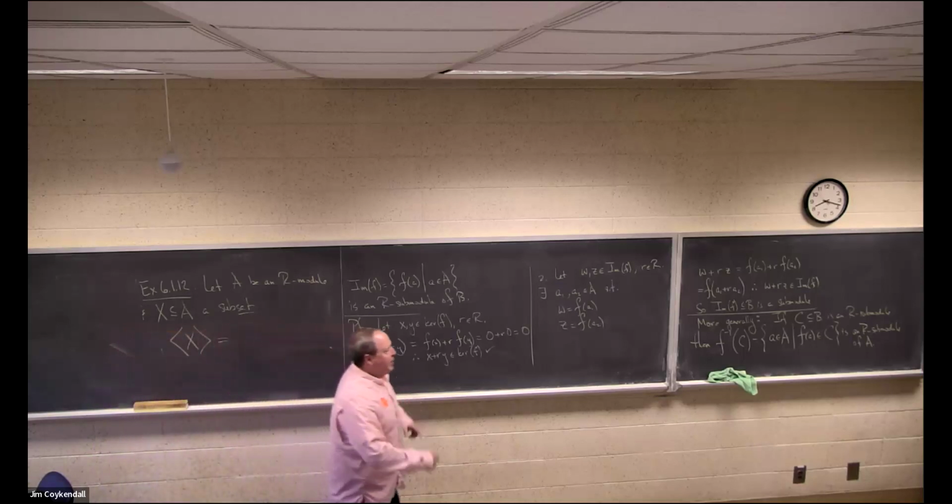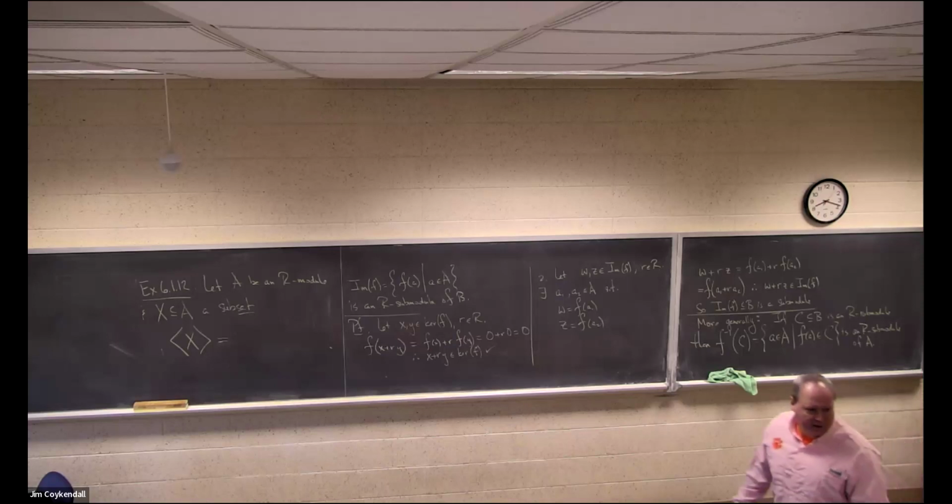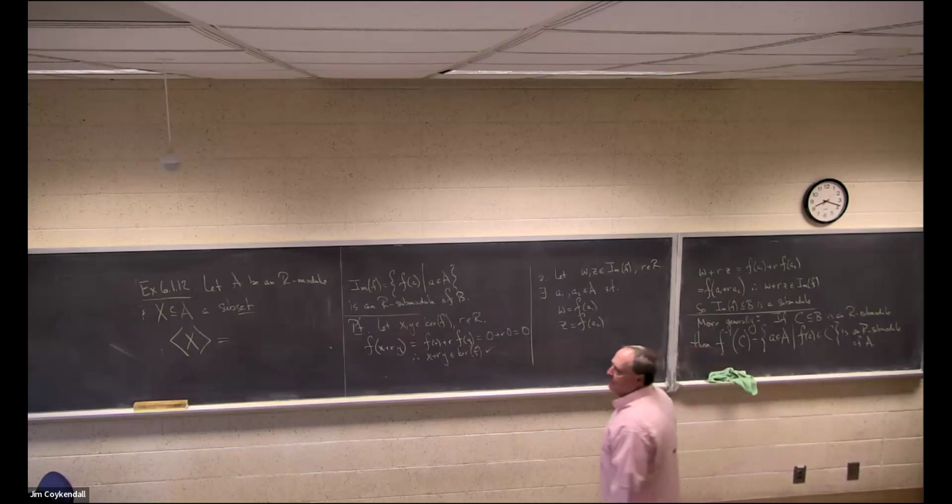Now, by the pointing brackets notation, I mean the submodule generated by that set. So you might now look at X as a set of generators. Anybody, what's a good way to define this? Yes. The smallest submodule of A containing X.